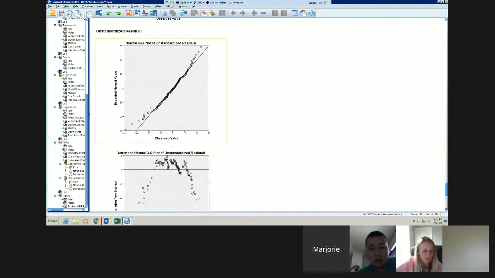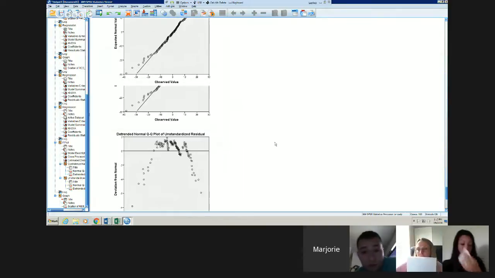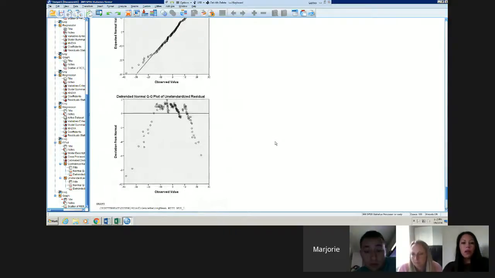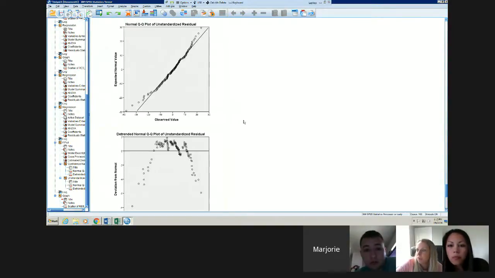Is this the one you're talking about now, the unstandardized residual? Or do we want more of the... Do you guys know which plot we should be looking at? It says all of them. Yeah, it's all of them. It's the scatter plot, the QQ plot, and the residual plot.